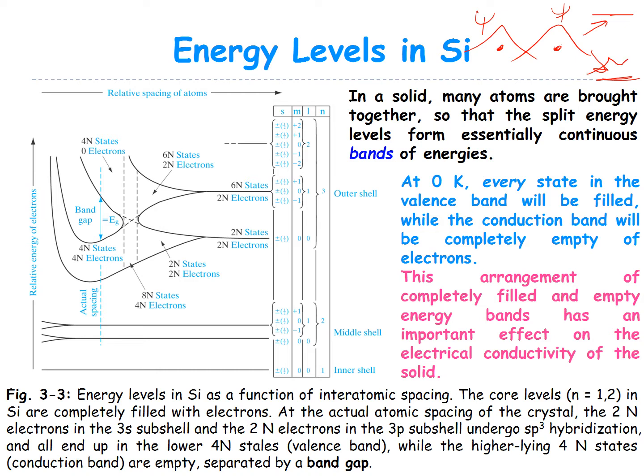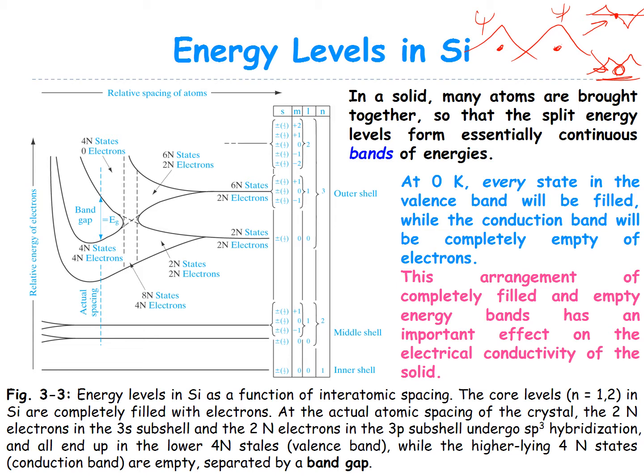We found that in the bonding state, you have a very large probability density function between the two atoms, which represents a covalent bond. But for the anti-bonding, because they are out of phase, you have destructive interference. So in the middle of the atoms, the probability density function is 0, so you don't have any electrons there.